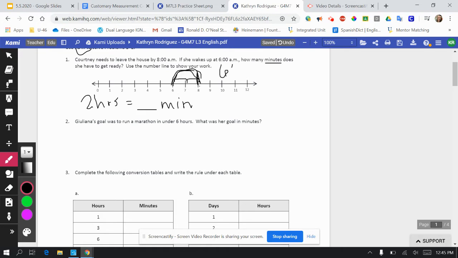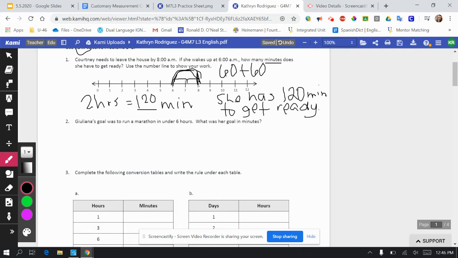So what's 60 plus 60? I could also think of that as 60 times 2, 120 minutes. Writing that in a complete sentence answer: She has 120 minutes to get ready. All right, there we have it.